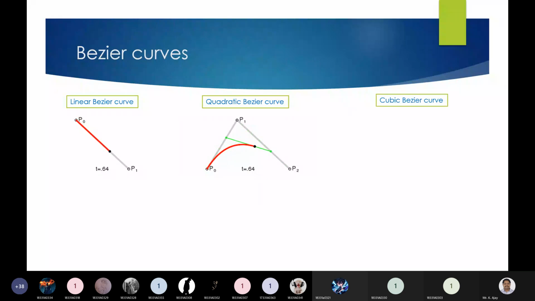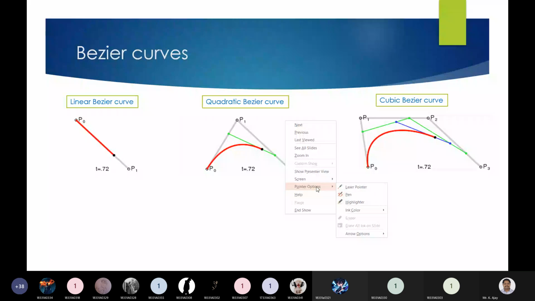Similarly, if you take a cubic Bezier curve, now it takes care of 4 control points. You can understand one more thing, that the curve always passes through the first point and end point. And another thing that you can observe is the curve is tangent to, look at here, let me use the pointer.